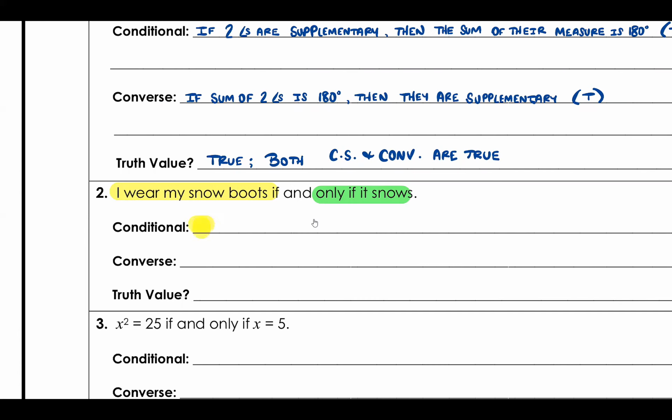Oh, Peter, can't write in highlighter, dummy. Yeah, but you can't read it. If I wear my snow boots, then it snows. Okay.